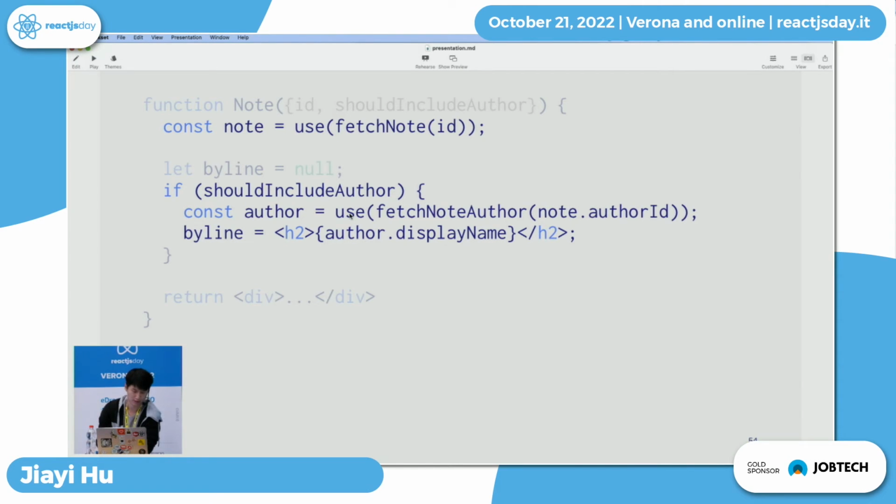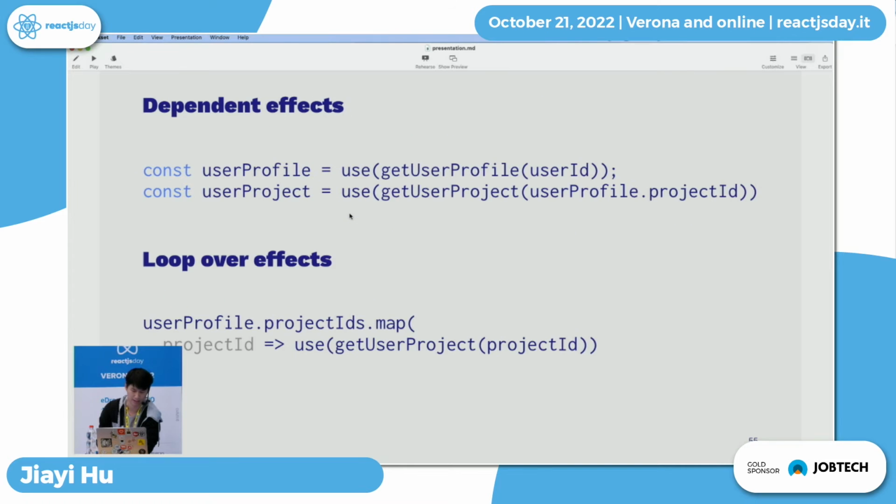And this is really powerful, because maybe we can write this: if you have dependent effects, you can just pass the first promise, and then the component will be paused until the effect is run, and then you proceed to the next promise. Or maybe, since it can be run conditionally, we can now run a map. So you can map a list of IDs and just return a list of use.